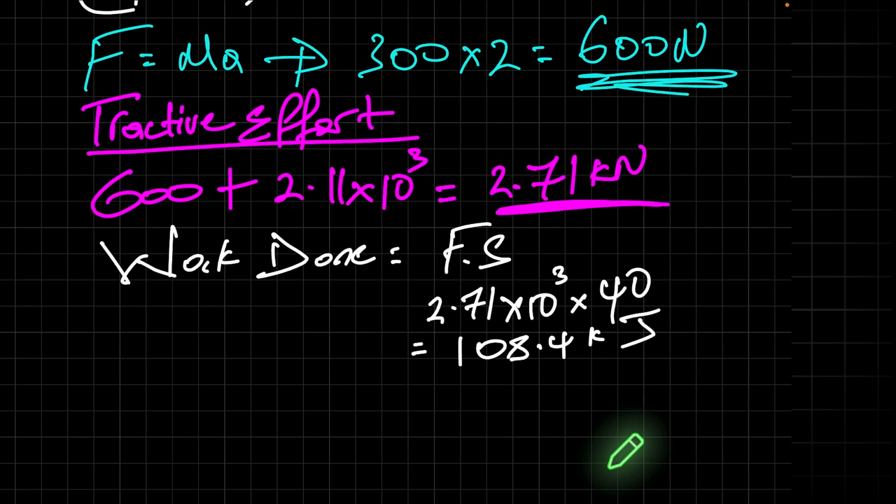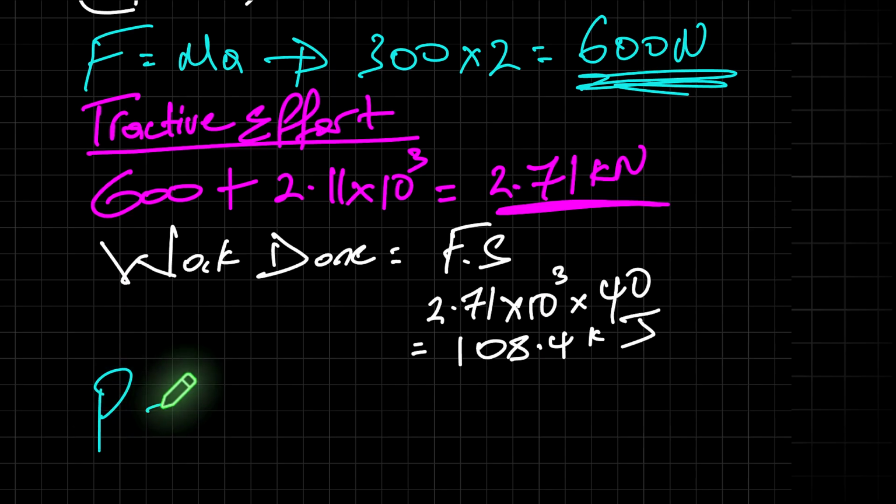So just remember that we have several variations of work done, and it's all going to be contextual and similar to the next variable that we have here, or the next unknown that we have here, which is power. There are several variations of this one quantity, so just remember that it's in context to the question. So in terms of the power, it's just going to be work done with respect to time.